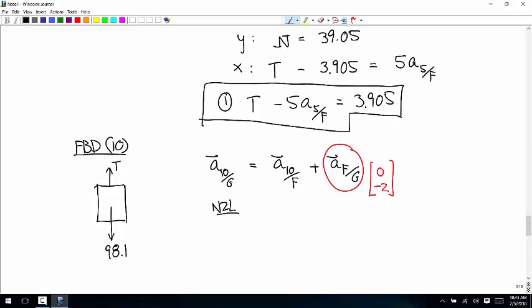So Newton's second law says 0, T plus 0, -98.1 is equal to 10 times 0 for x and A10 relative to F minus 2.